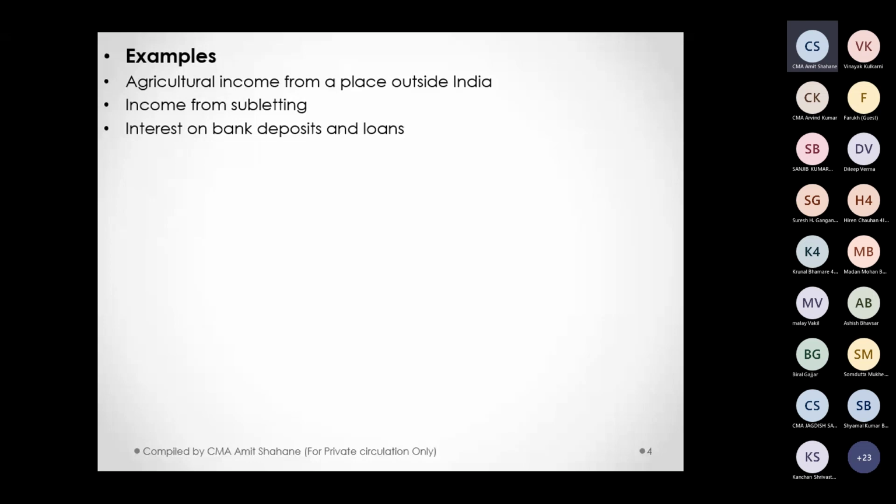Now in this AIS, whether the TDS is deducted or not, it will get reflected. Therefore, while filing the return, you should cross-check whether the interest certificates or interest calculations your client has submitted tie up with the AIS, and whether all the interest reflected in the AIS is reported in the income tax return or not.